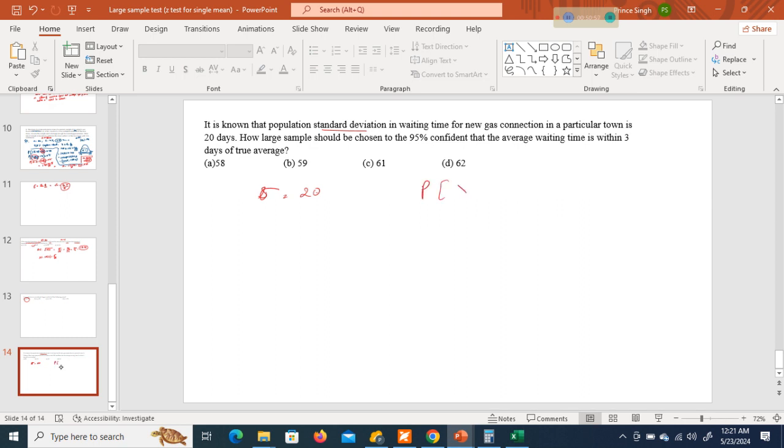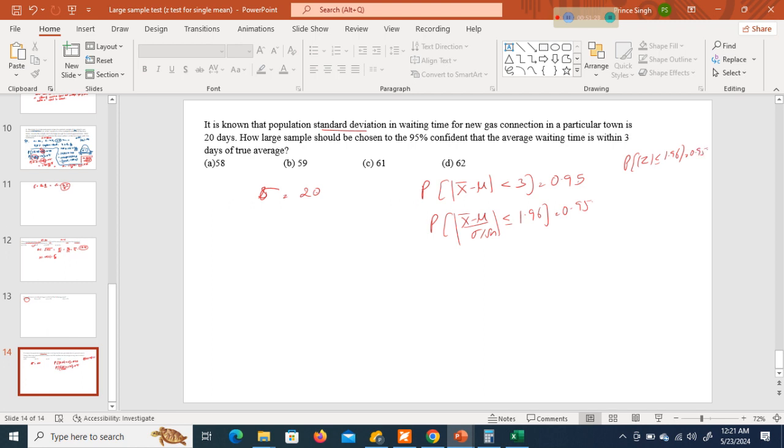So x bar minus mu is less than 3, with probability 0.95, and we have already discussed that the probability that the absolute value of z is less than or equal to 1.96 is 0.95.